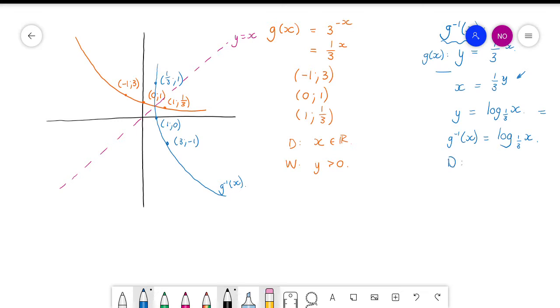And then this story. Like that. And for the range, y is an element of all real numbers. You have a question? No. Good.